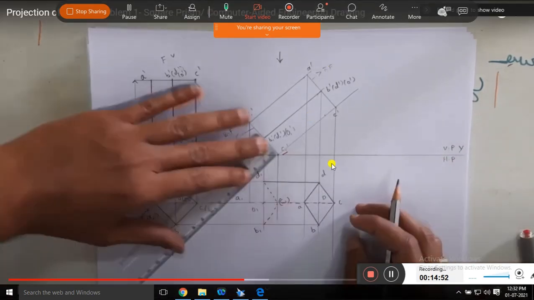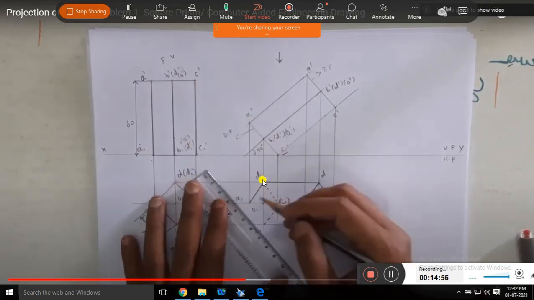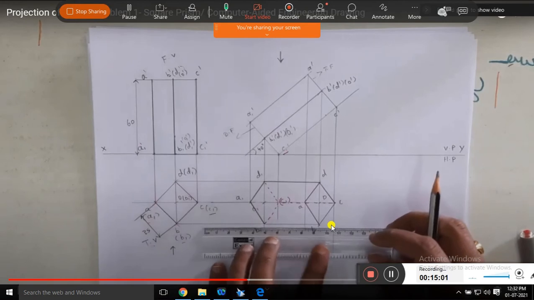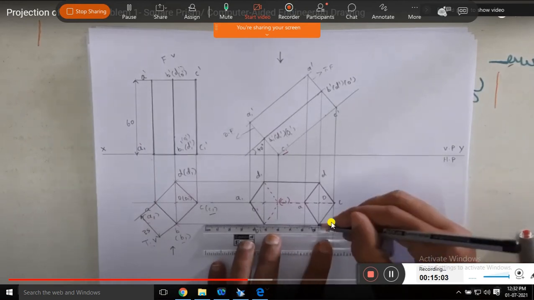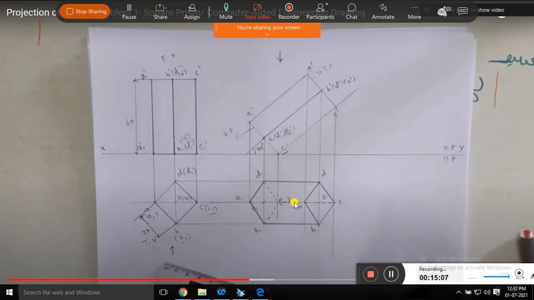Like this, first you have to draw, then draw the D to D1 edge, A to A1 join, then B to B1, C to C1. That should be, you have to join. See. Then A to A1, you have to join A to A1.